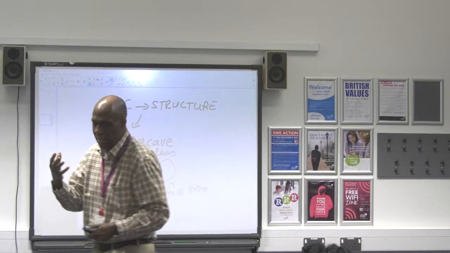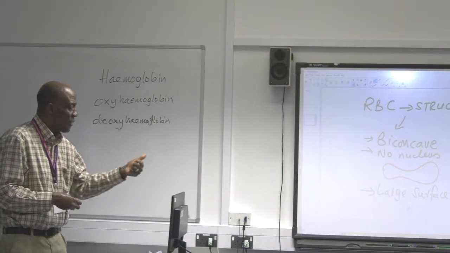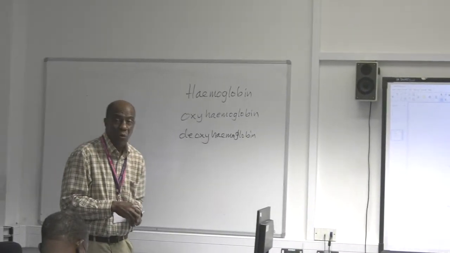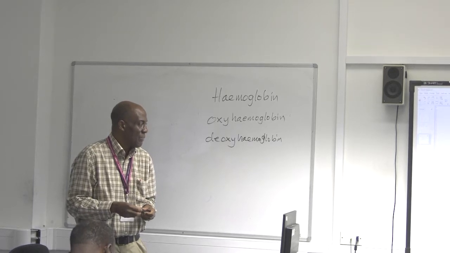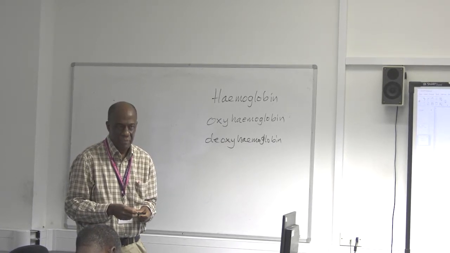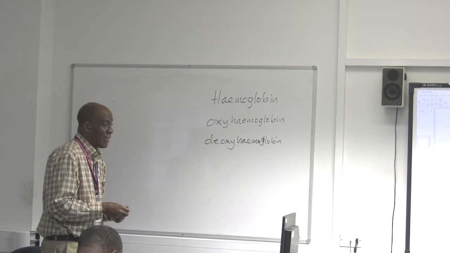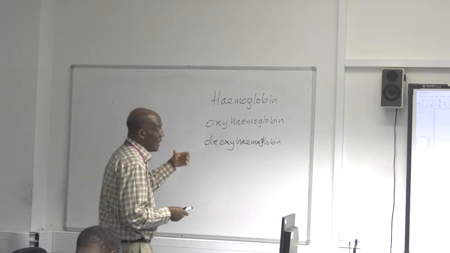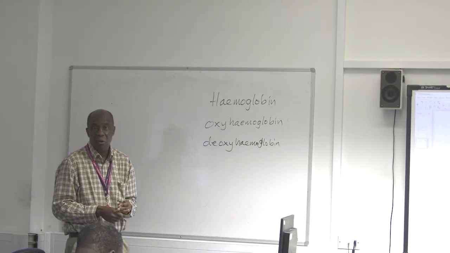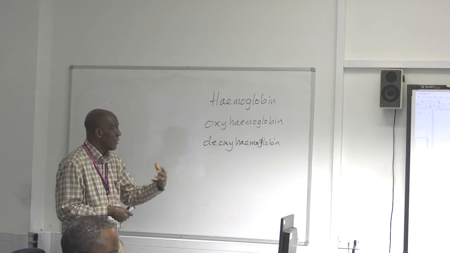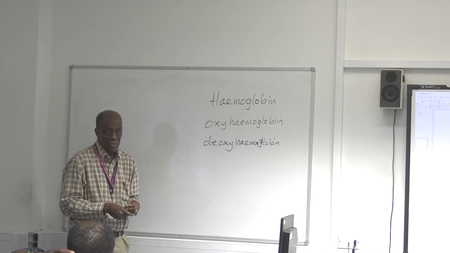The simple reason is that it doesn't replicate itself, doesn't copy itself. It's biconcave in shape, and it's got a very large surface area to transport maximum capacity of oxygen to all parts of the body. So that's a red blood cell. And its main role is to take oxygen to all parts of the tissues and then to bring out unwanted carbon dioxide to the lung so that we exhale.